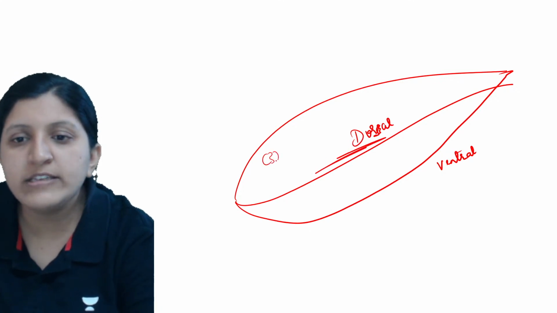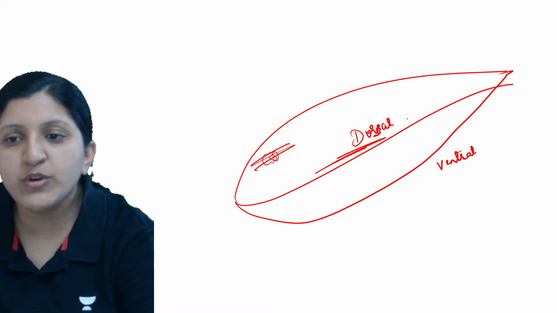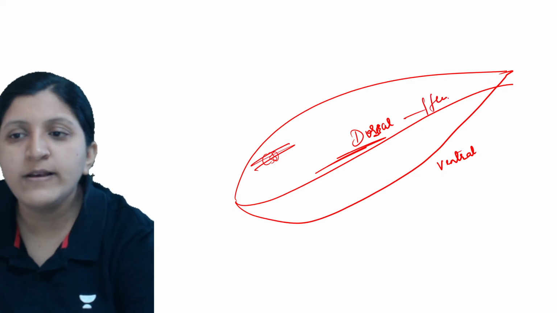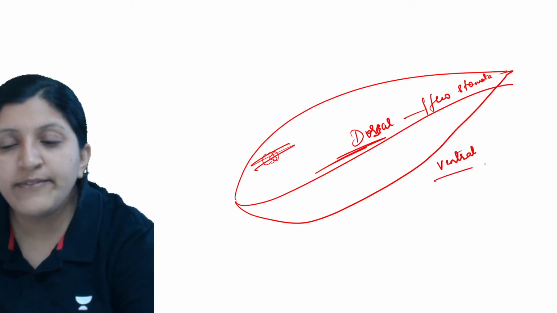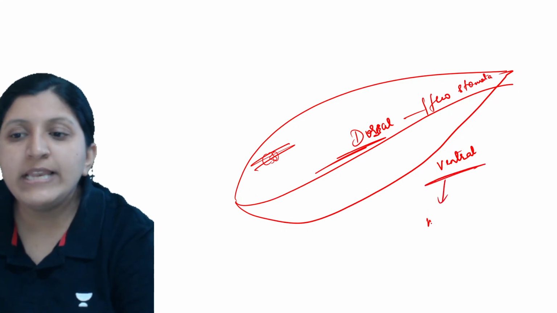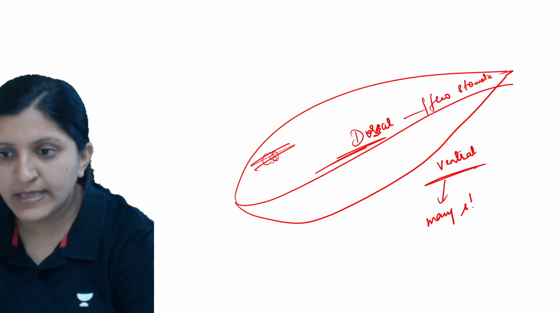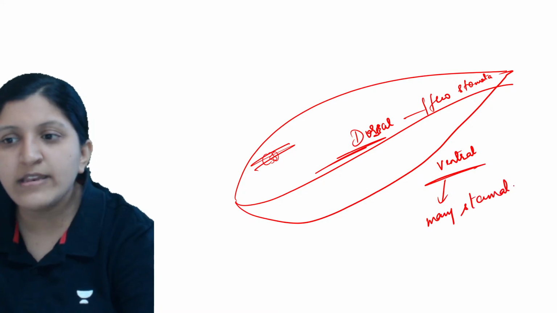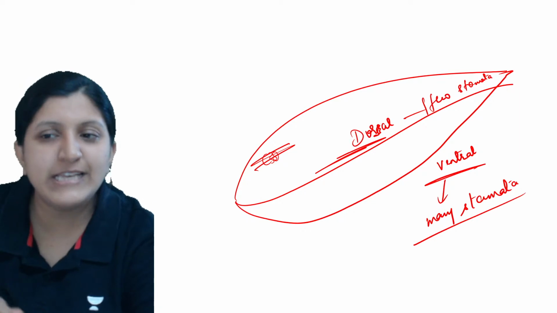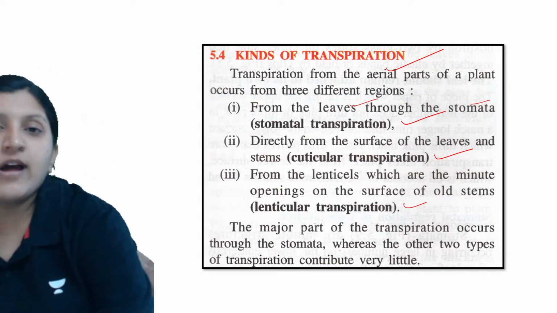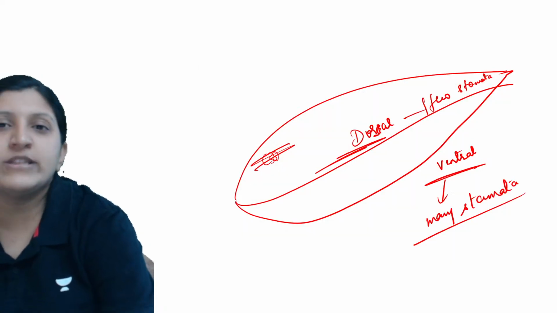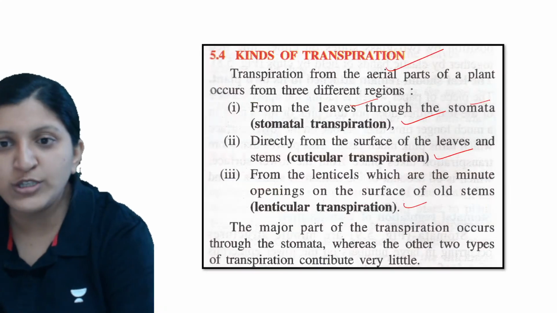Here you can find only a few stomata on the dorsal side, but on the ventral side so many stomata are present, n number of stomata. So more transpiration is seen on the ventral side as compared to the dorsal side.